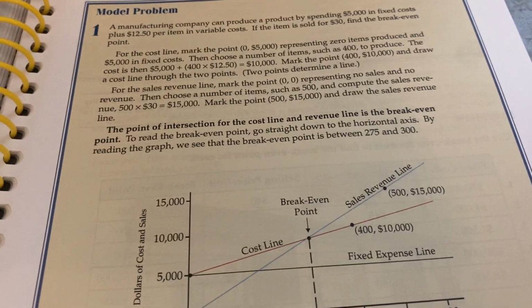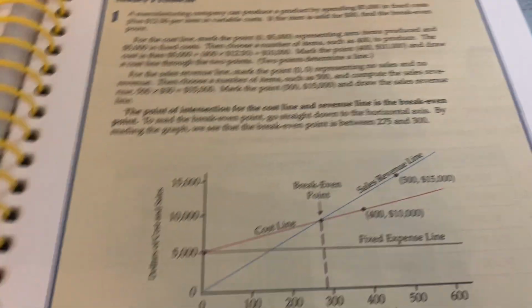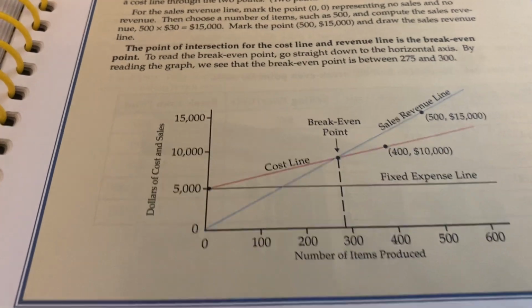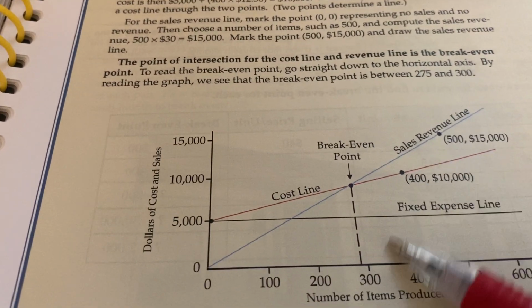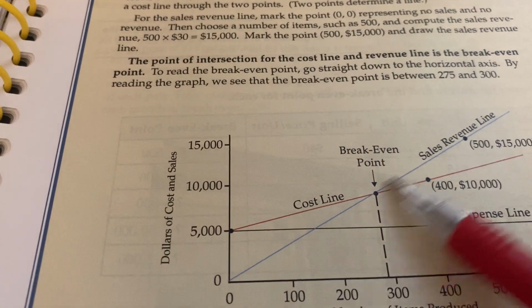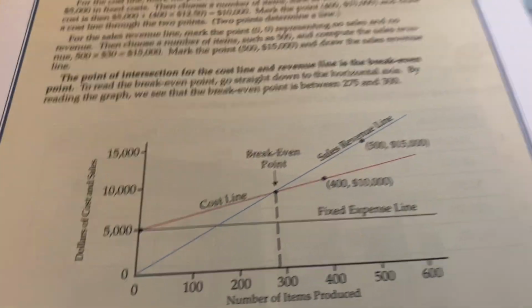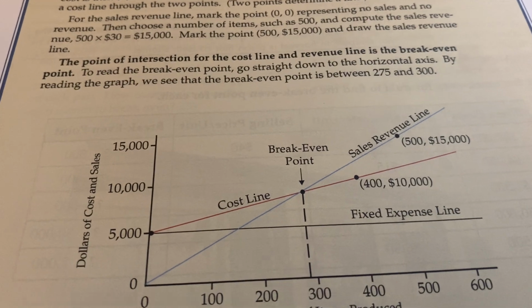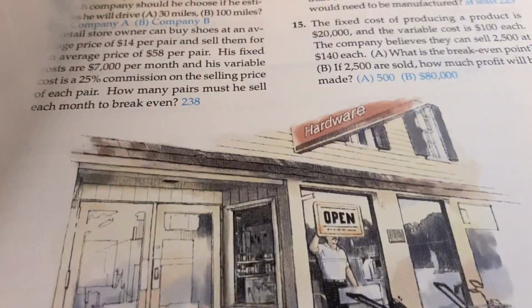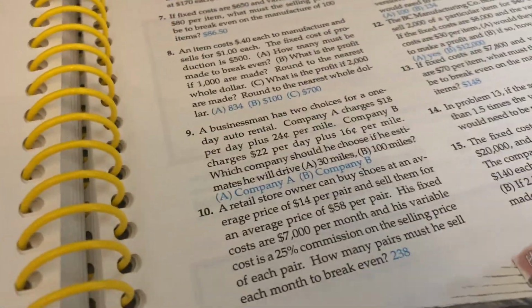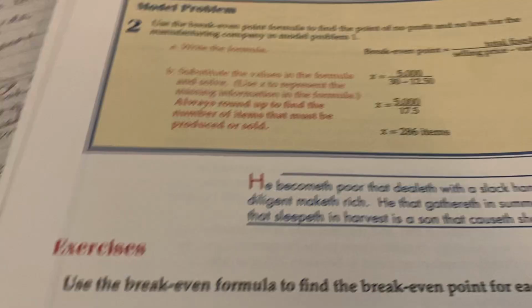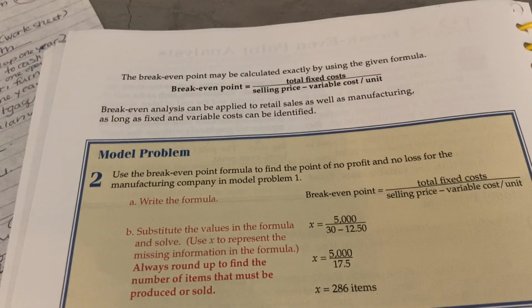Anyway, you can look this over yourself. I'm not going to go over this whole thing, but it kind of shows you're going to find the cost line and the sales line, and you'll find out where they break even. But to do this easier than graphing it all out, I'll give you a formula, which would be a lot easier than the graph.